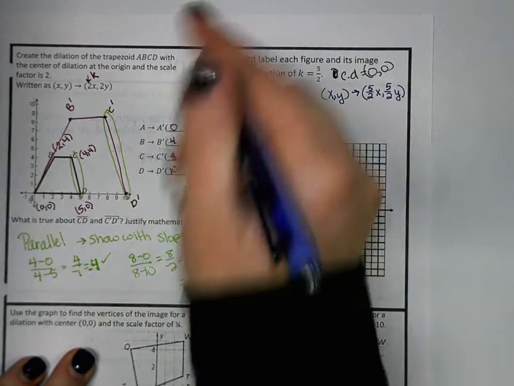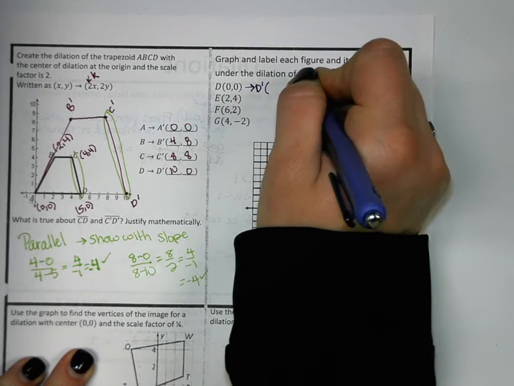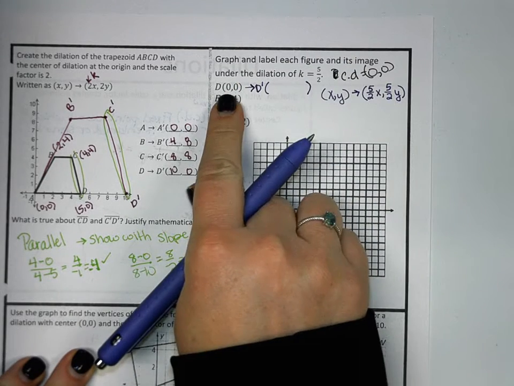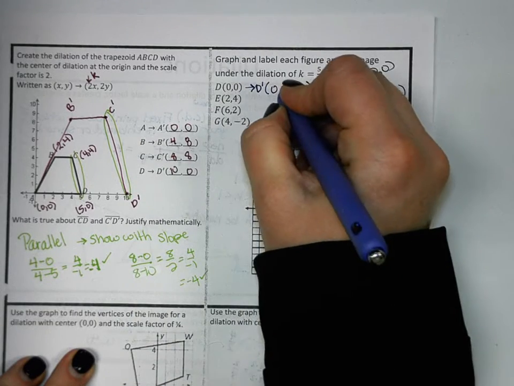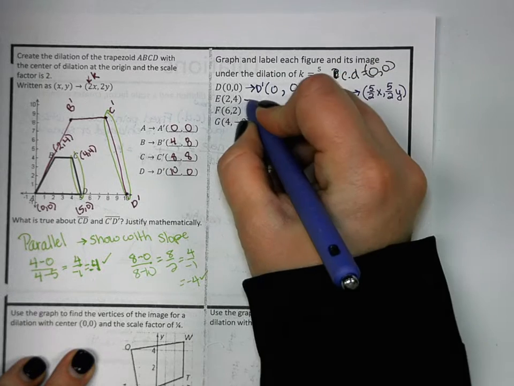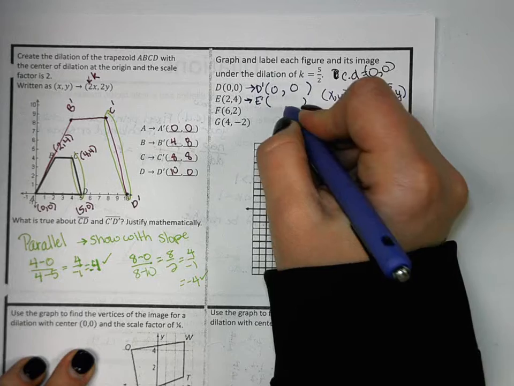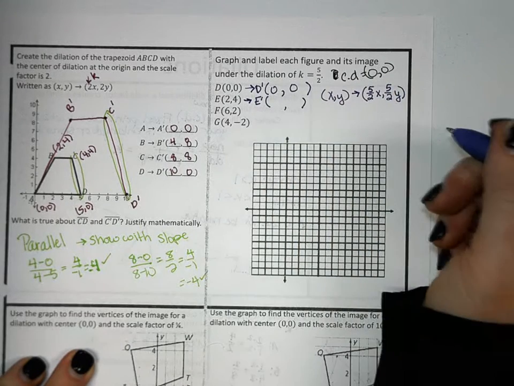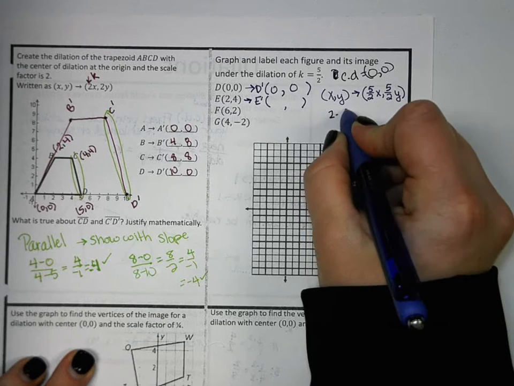So now, let's go and apply it. What's 0 times 5 over 2? 0. And what's 0 times 5 over 2? 0. Okay, so let's go to one that actually has numbers. 2 times 5 over 2.